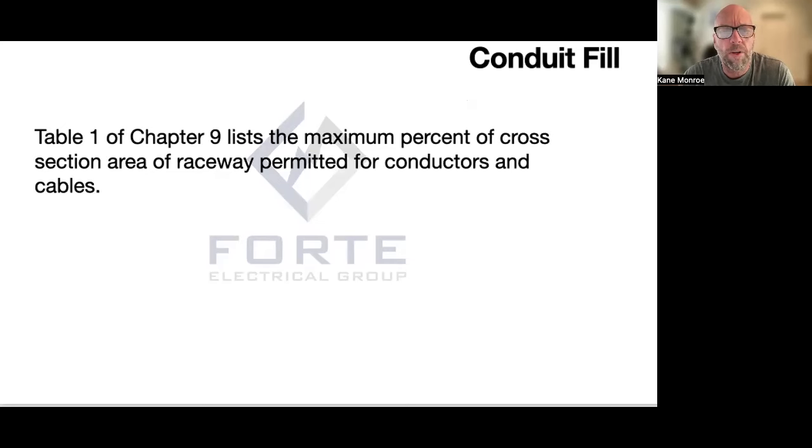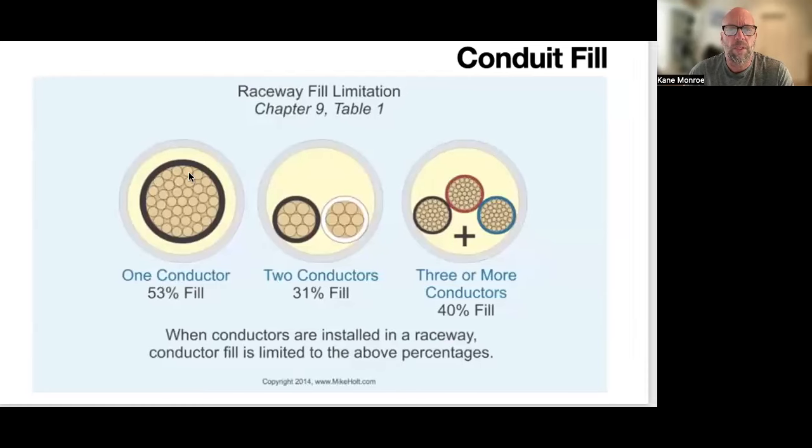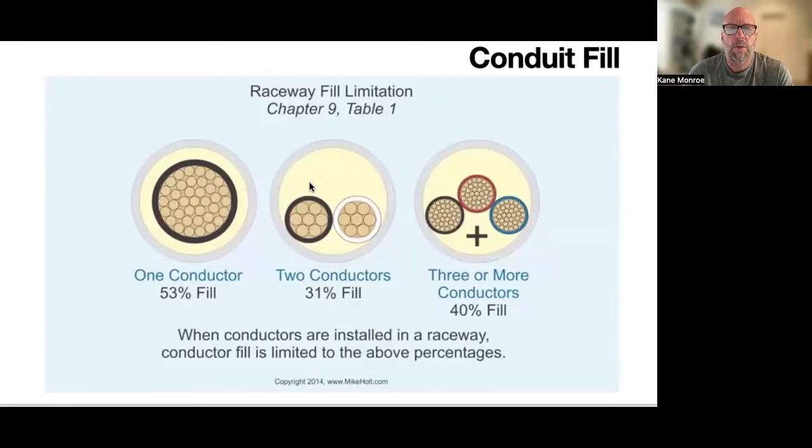First, table 1 of chapter 9 lists the maximum percentage of cross-section area of a raceway, which is right here. If you have one conductor, you can do only 53%, 31% fill on 2 conductors, and 40% fill on 3 or more conductors. Keep in mind, you may be asking yourself, how come I can only do 31% fill with only 2 conductors?